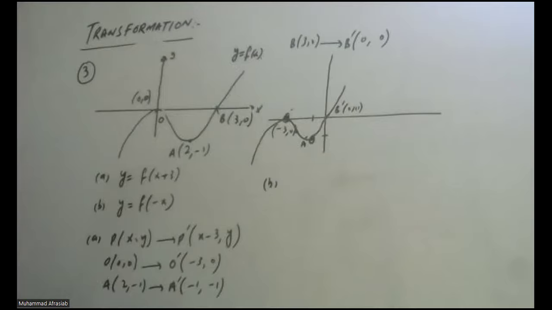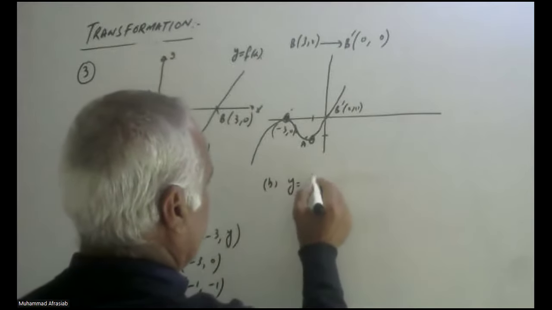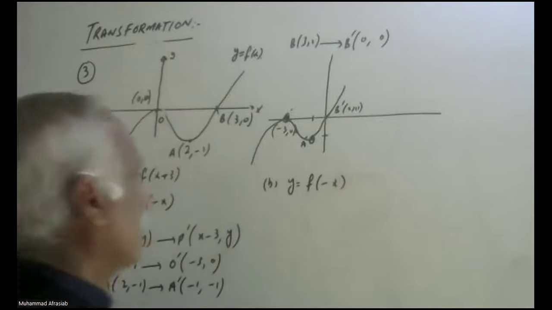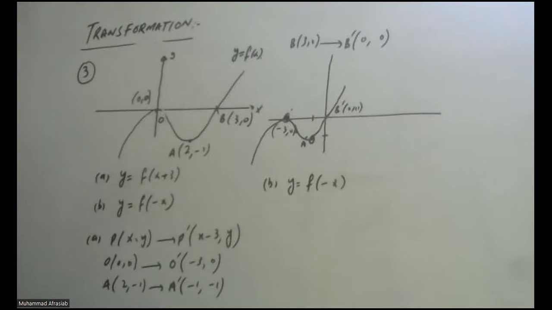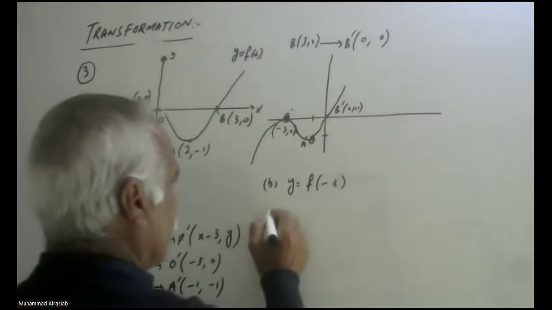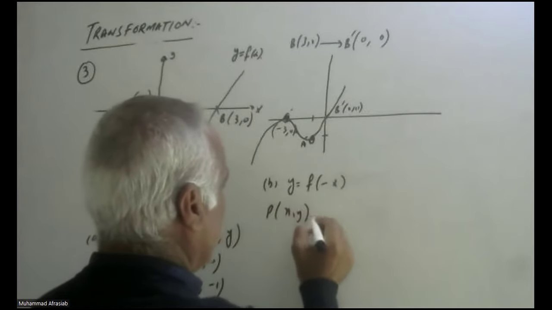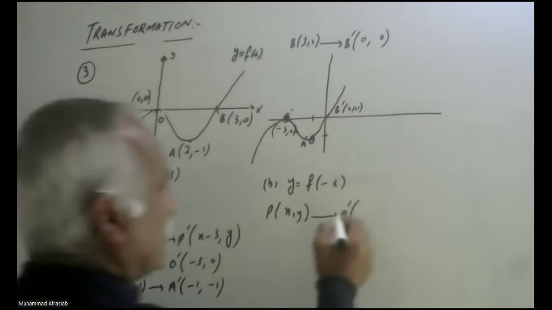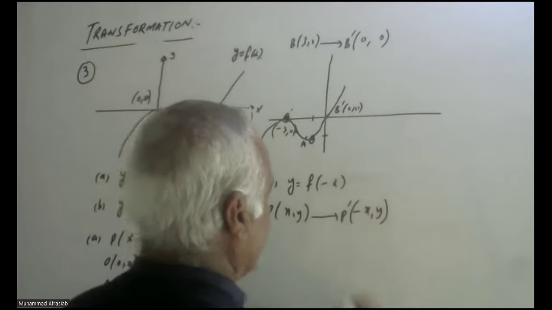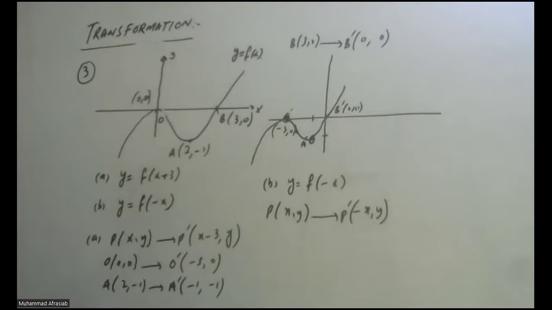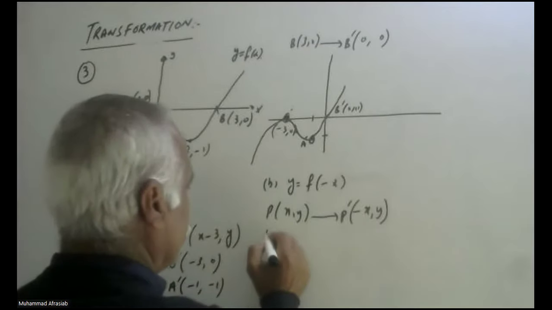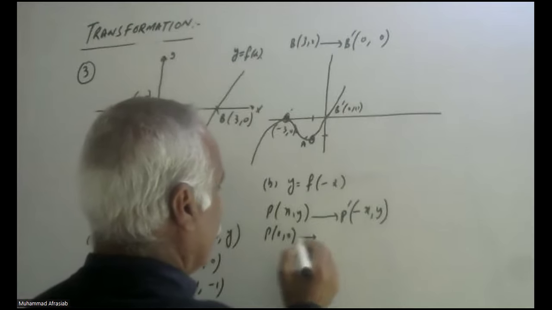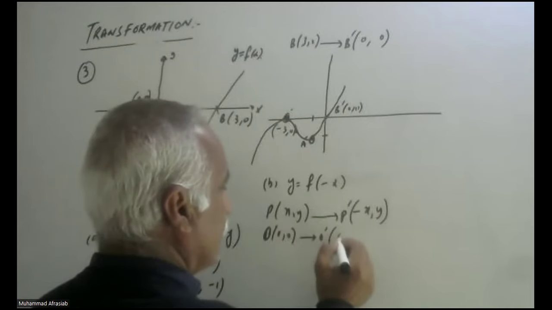y equals f(minus x). This means it is the transformation with respect to the y-axis, where the coordinates (x, y) are transferred to P dash, x will become minus x and y will be as it is. So due to this property, the origin (0, 0) will become (0, 0).